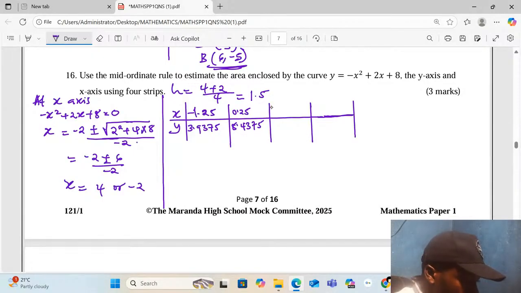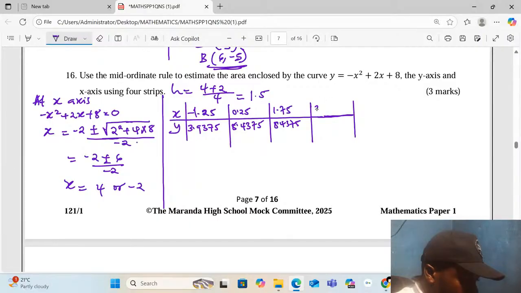Then you remember we are having an interval of 1.5. Then we have 1.75. We're simply taking 0.25 plus 1.5 so that we get the next value of x as 1.75. Then we replace it in the equation y equals minus x squared plus 2x plus 8 to get the value of y, which is 8.4375.